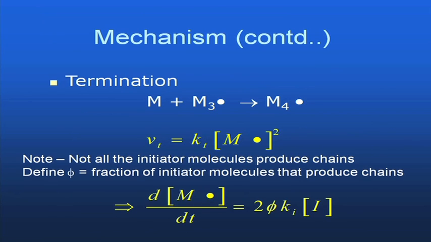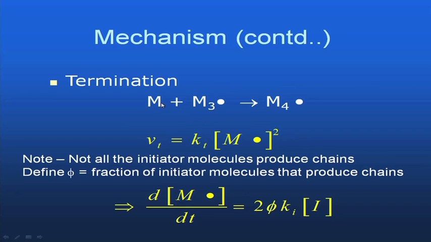And there is a termination step also, say M plus M3 giving M4, which is the termination step. It may be something else also; it is just a representation. So the rate of termination is K termination times M dot squared, because 2 M dot give rise to another product.